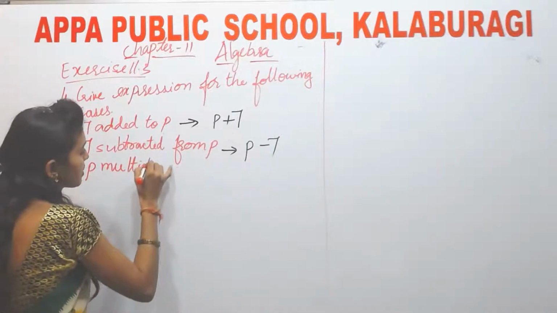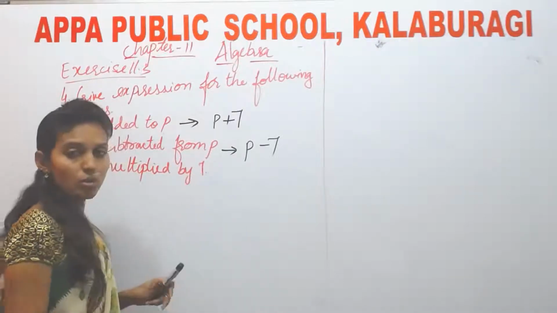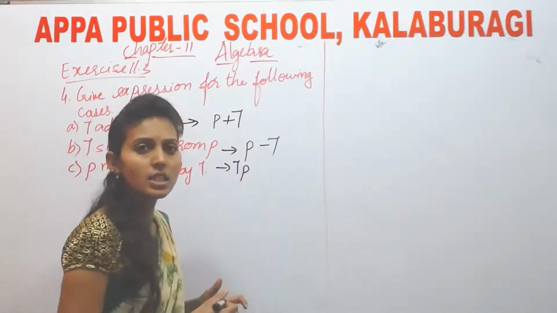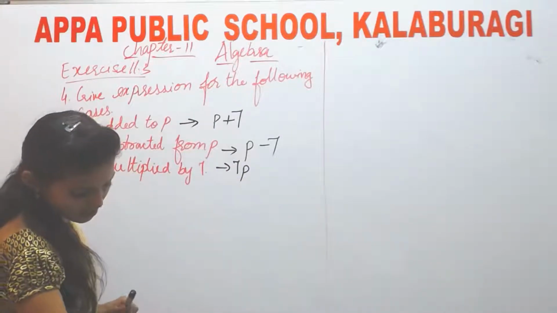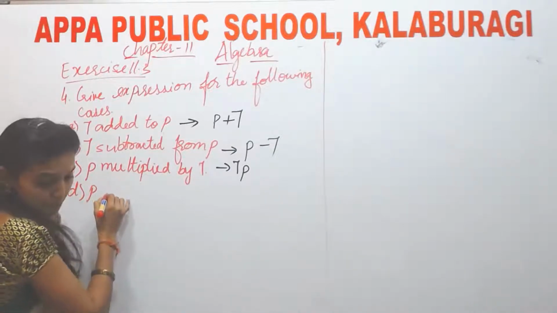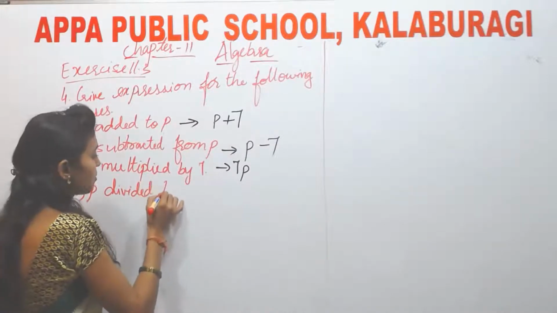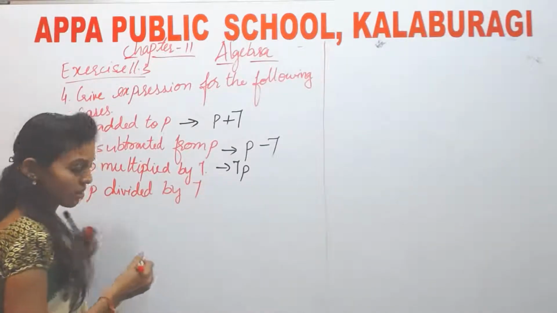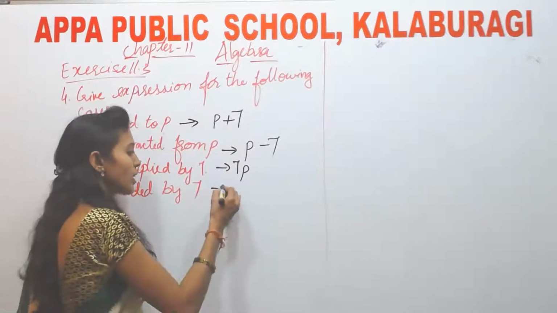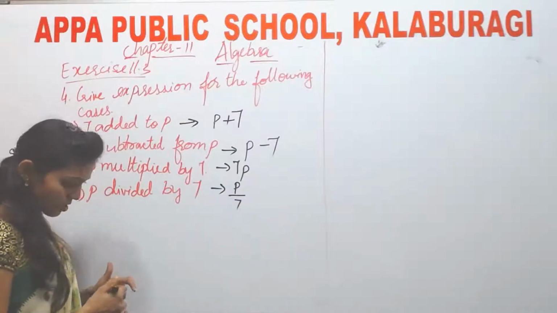Then what to do? It is nothing but 7 times P, right? Next, P is divided by 7. As usual, 3 divided by 2, how will we write it like that? P divided by 7. That's it.